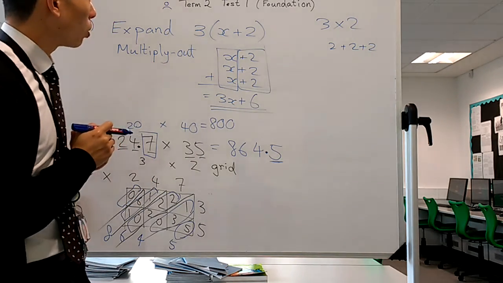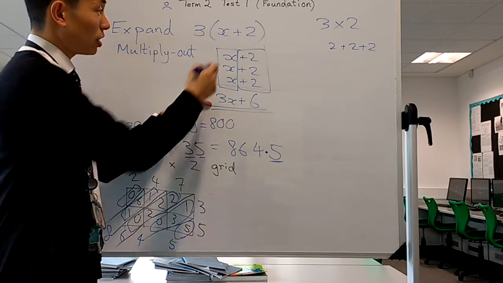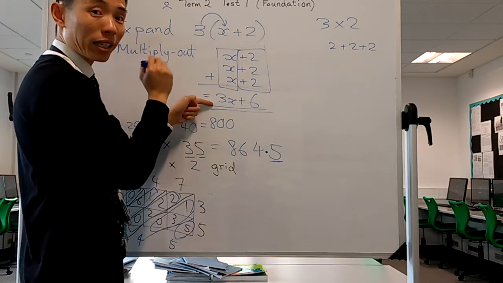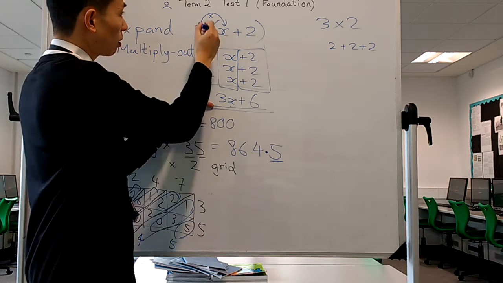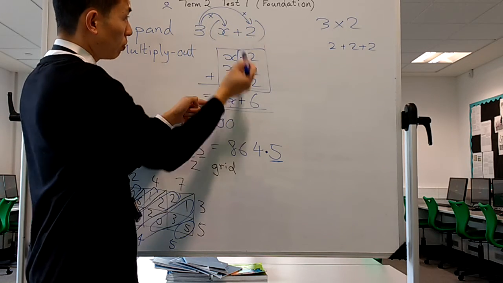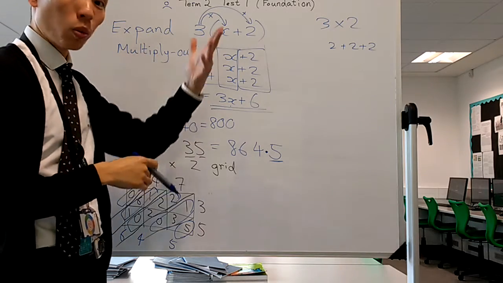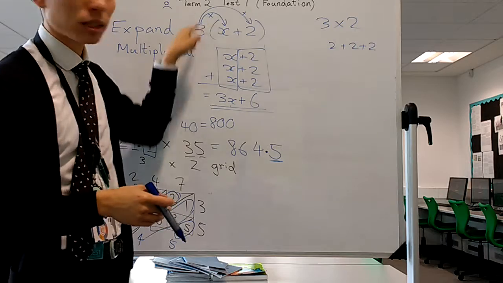Okay? So if you look at this, instead of doing that, students start to spot there's a pattern. I could have just done 3 times x, 3x, and then 3 times 2, 6. So from year 7 onwards, year 8, year 9, they will start to use this method.